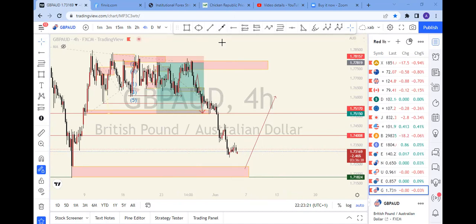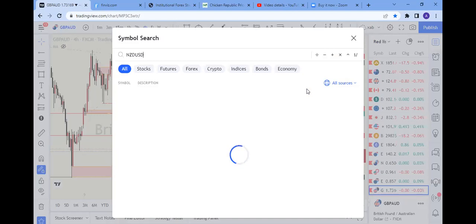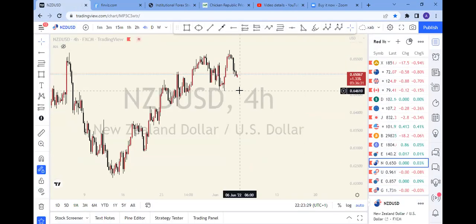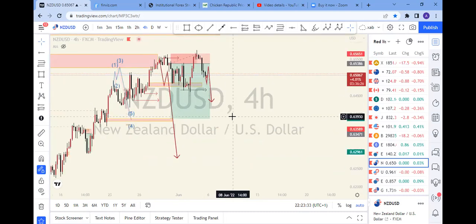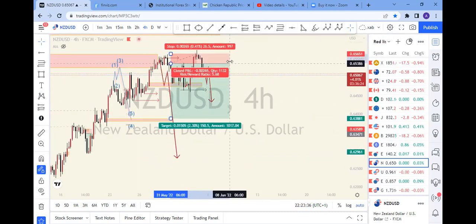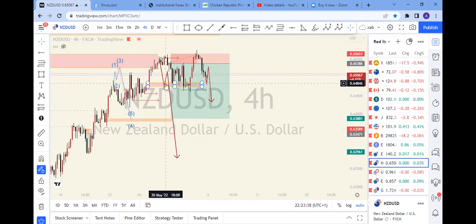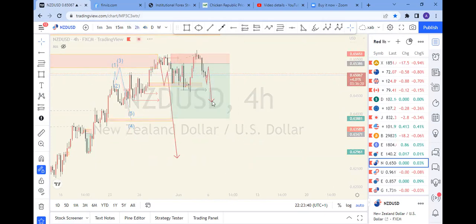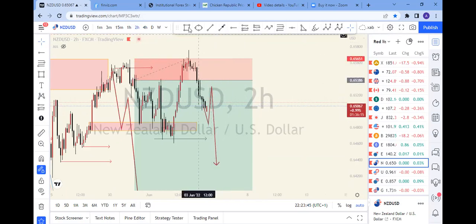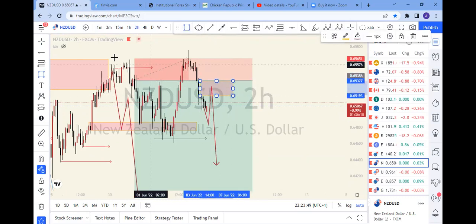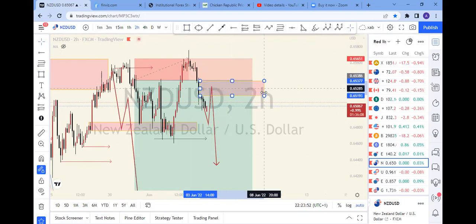That's GBP AUD, NZD USD too. I think we talked about NZD USD earlier, and I talked about the fact that we might see NZD USD retrace a little bit higher before we continue much lower.